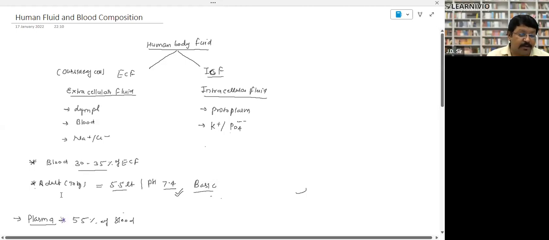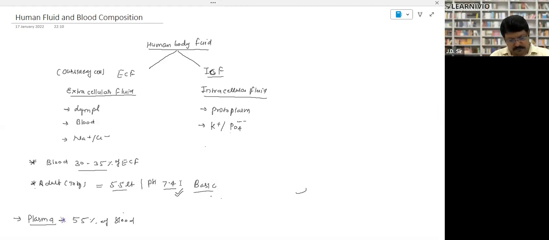An adult person of 70 kilograms, that is ideal, has 5.5 liters of blood with a 7.4 pH value. Note down this part. Then I'll ask you a question, and let's see if you answer it or not. It's a very common question. I think I have discussed that question.